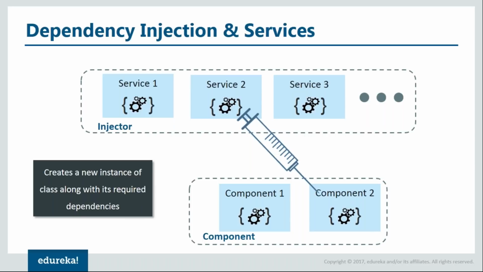For that, I'll be using dependency injection, which will allow me to create a new instance of that service class along with its required dependencies, and finally use all the methods defined in that service class, for example your search logic, in the component where I am injecting that particular service.